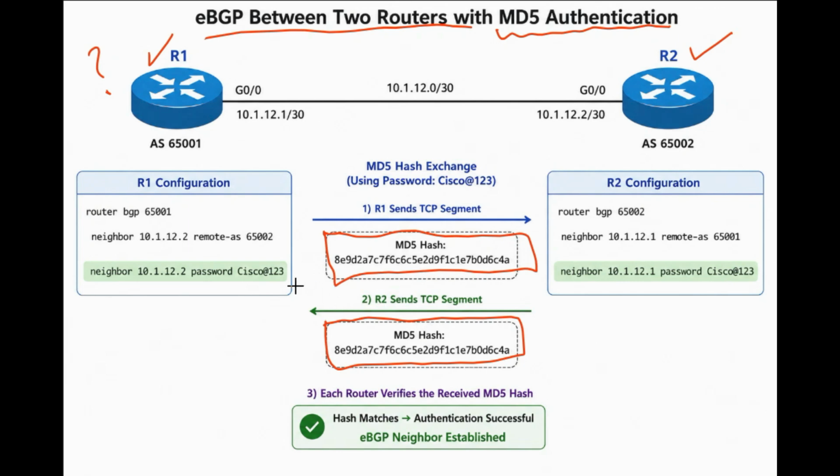For example, Cisco @123. You have configured this password on R1 and on R2. So these passwords will never be transmitted over the network between R1 and R2. Only the hash value of the password is sent along with the BGP packets.